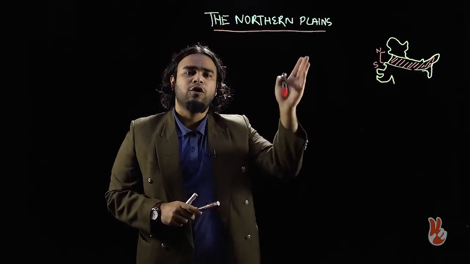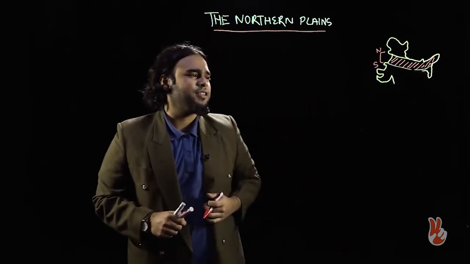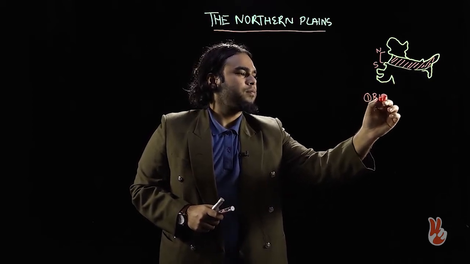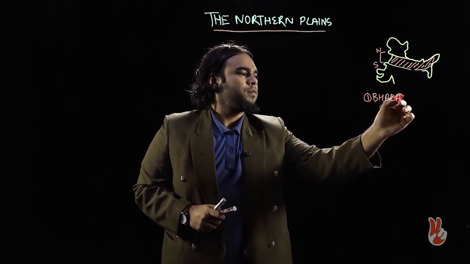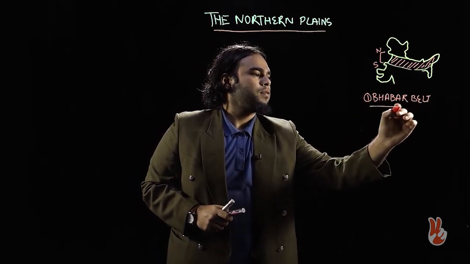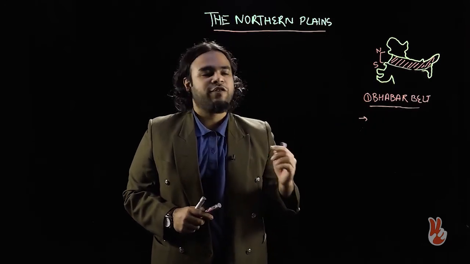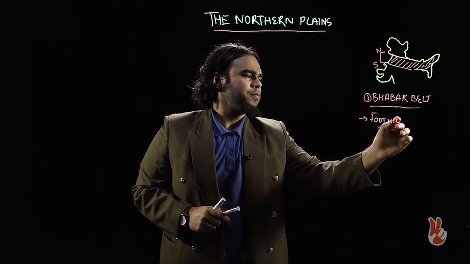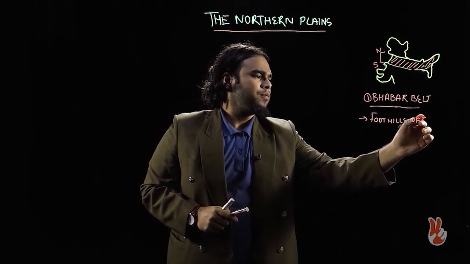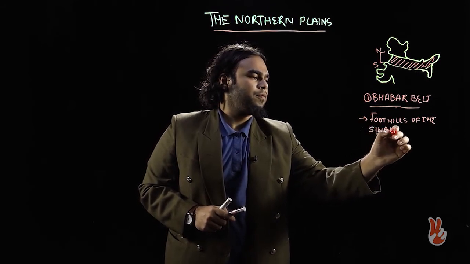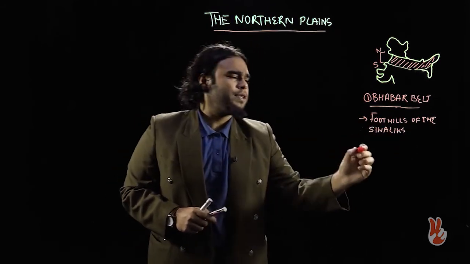So the next important division of the northern plains is from the north to south direction. Okay, so your first would be Bhabar. This Bhabar belt is present at the foothills of the Shivaliks. Okay, now suppose this is Shivaliks.